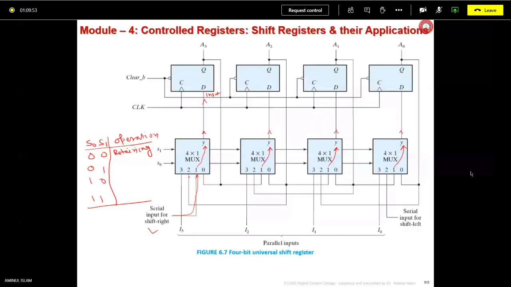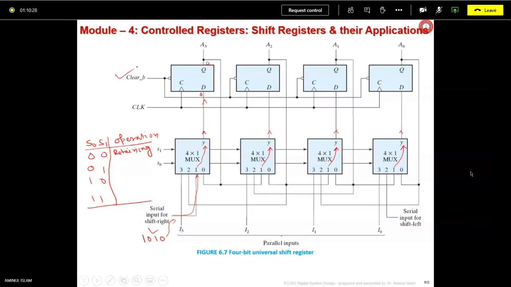Say, let me write it as LSB. If I have 1010, the LSB 0 is going to come here. It is going to be stored here. LSB is going to come first, for example. And when the next clock pulse comes, what will happen? Possibly before that you have cleared, because you have the clear signal here.